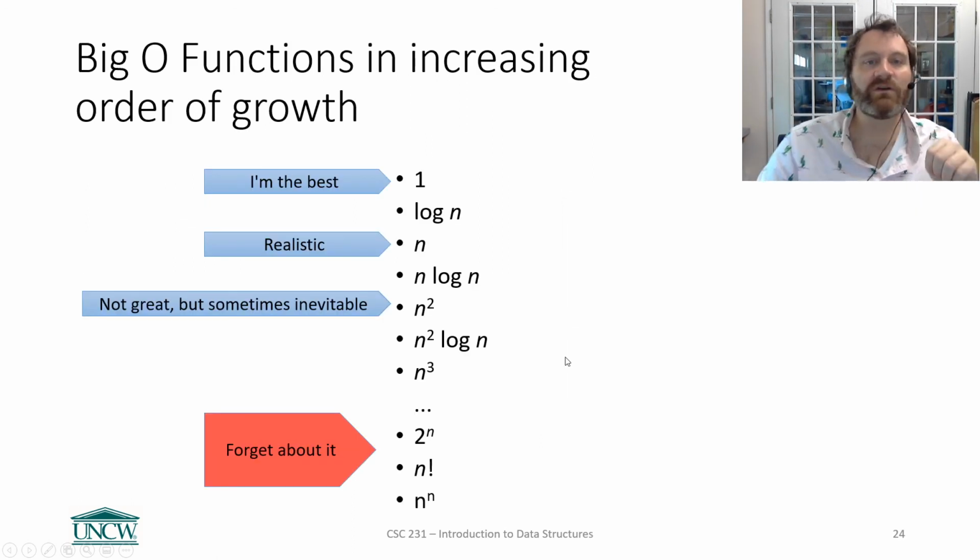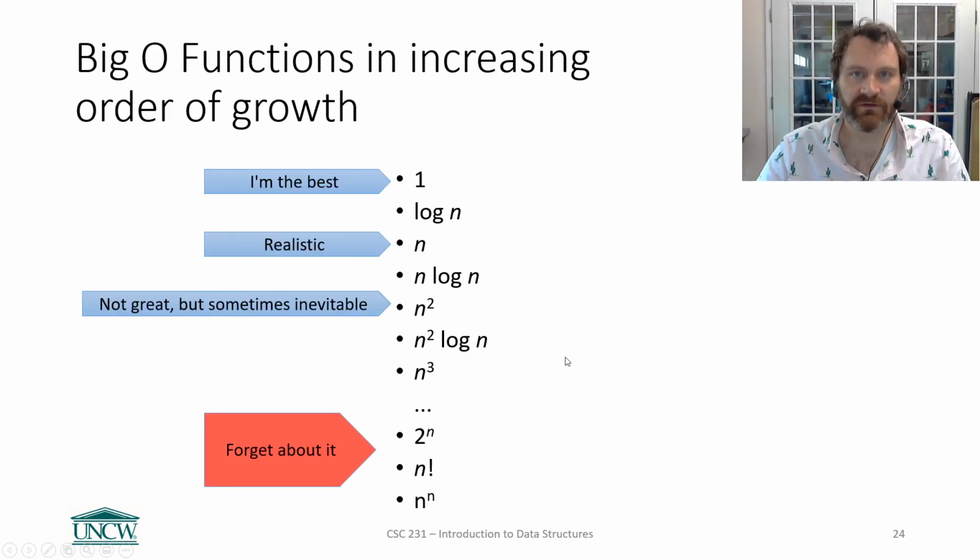So what's the ordering of these functions? Here they are. Big O of 1, that's the best. Log n, next best. Big O of n log n tends to be realistic; these are where some algorithms fall and what you want to strive for. N squared, now you're getting into the danger zone.